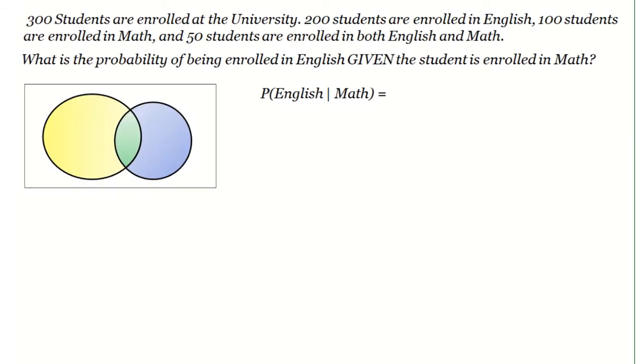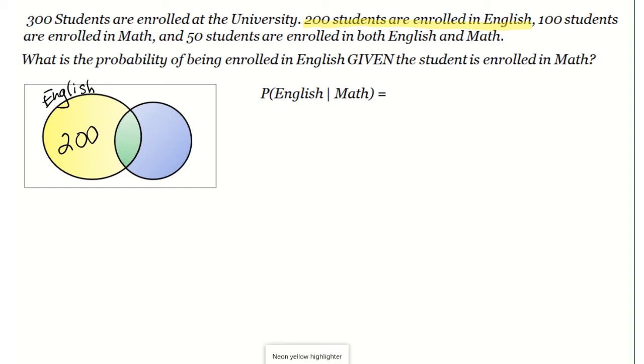We can use a Venn diagram to help us solve this problem. So let's first fill in the circles of our Venn diagram. We have 200 students enrolled in English, so let's put our 200 English students and label this yellow circle English.